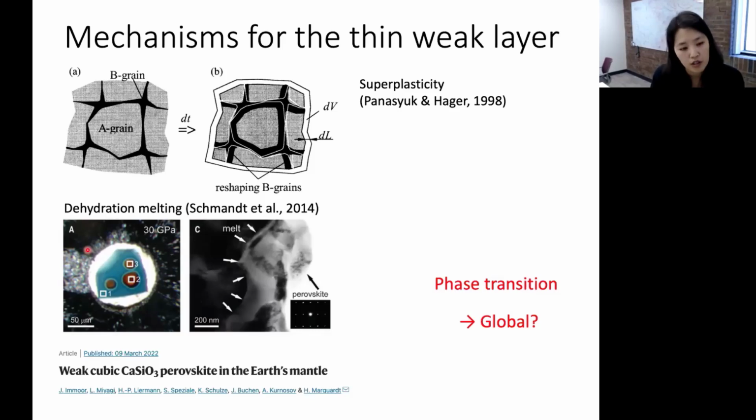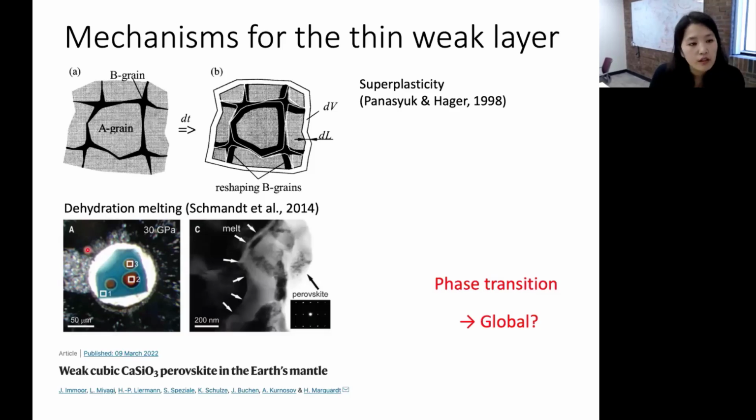So even though the weak zone inferred here is limited to our regional study area, it's possible that the weak zone extends and might be more of a global feature.